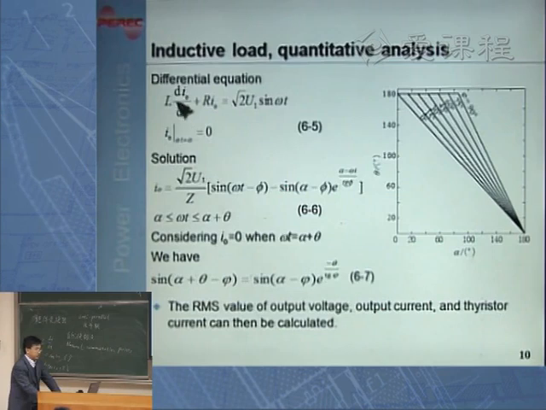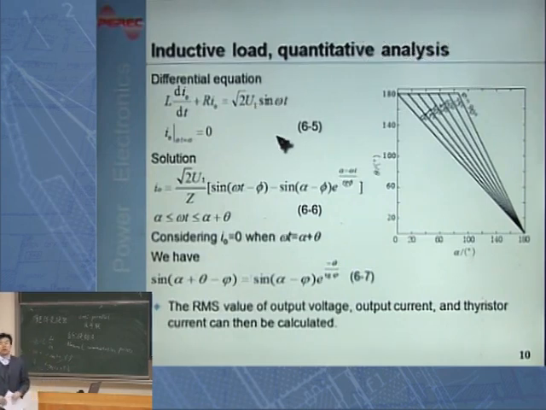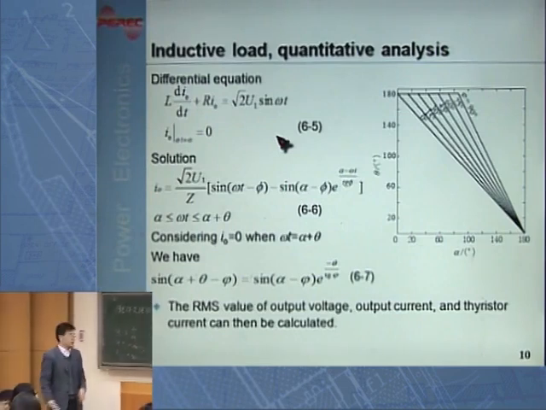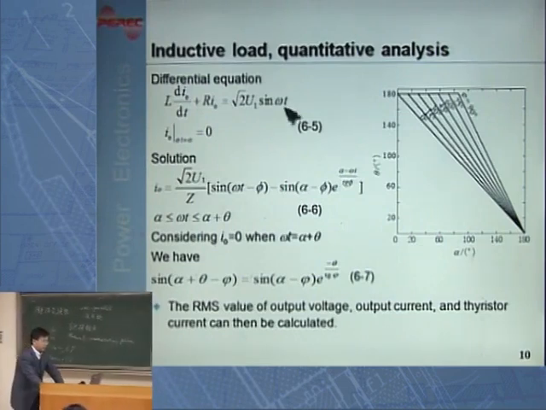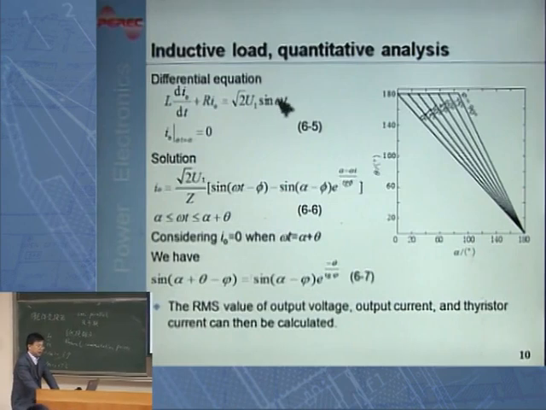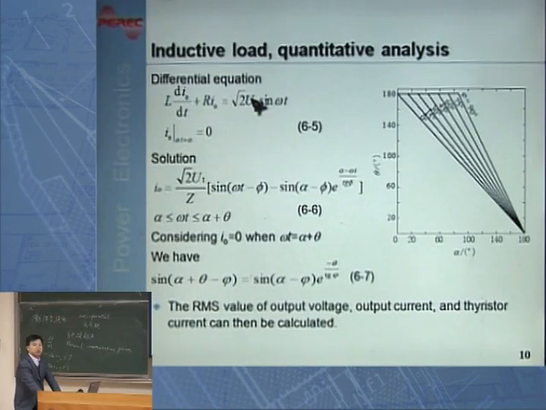The voltage across the inductor plus the voltage across the resistor, this is the load voltage, will always be equal to the input voltage. And we always assume the input voltage, the AC voltage source, is a sine wave voltage. Therefore, it will be having a representation like this. That is a differential equation.